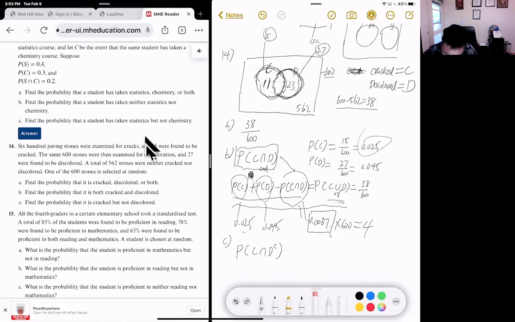And this is 4 here. So the question is asking P(C and not D) is here, this area. So that is equal to 11 over 600.